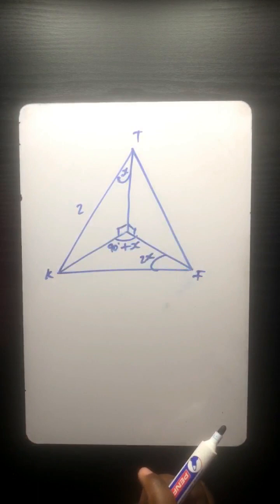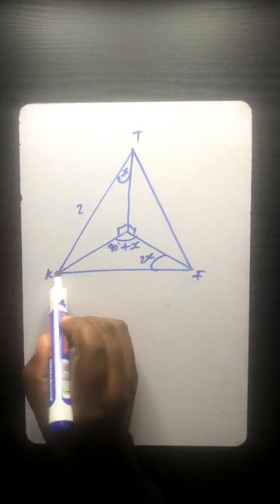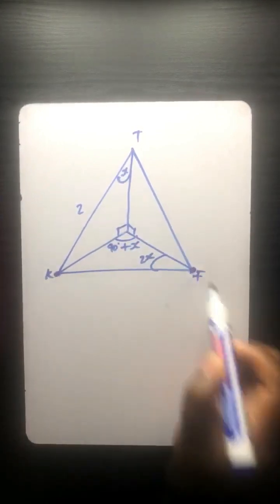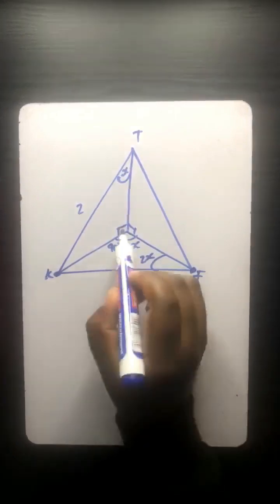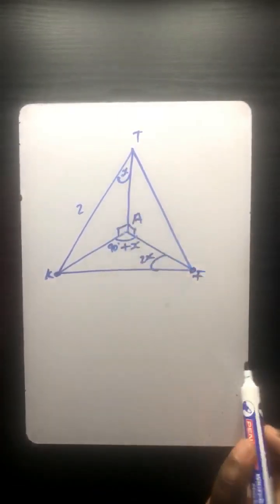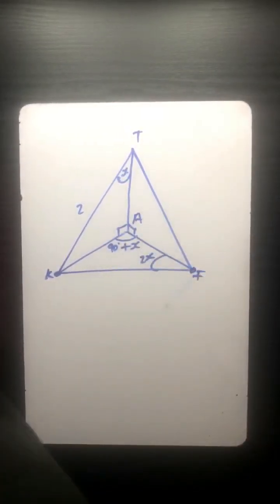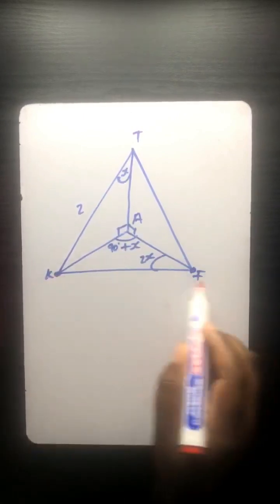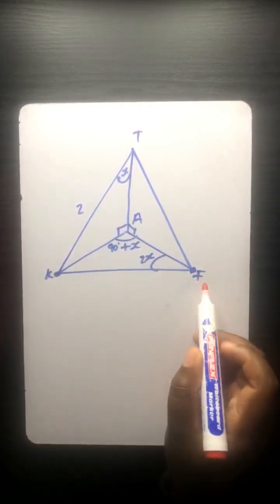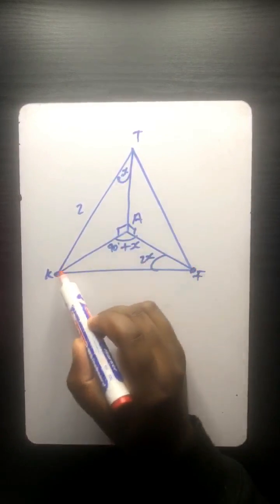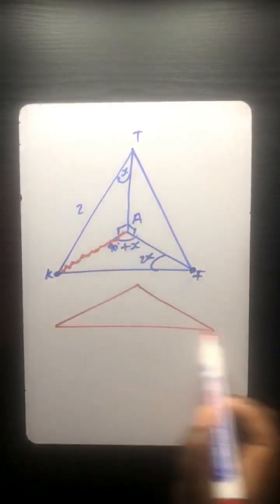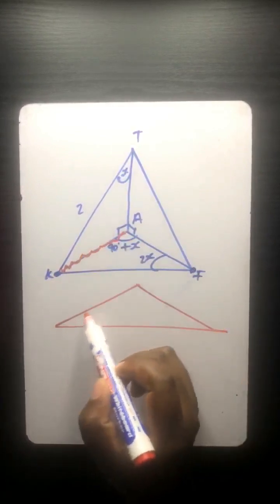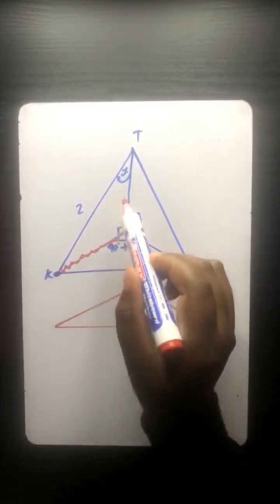Where now, for example, they might say calculate KF, the length of KF. This point there is A. For you to get that, it might be easier if you try to find that side, because in that way you'll be having this side. Let's see what the trig ratio is.